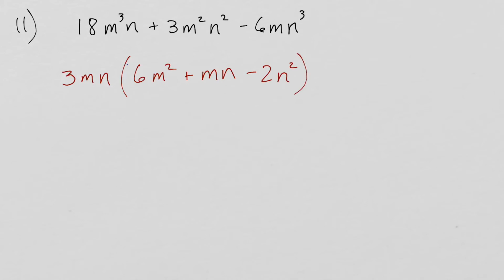Okay, and again, I think it's easiest just to do this straight factoring, but if you need some help, you can do the California method. 6 times negative 2 is negative 12, so we're looking for factors of negative 12 that give us a sum of 1. So that's going to be a positive 4 and a negative 3.